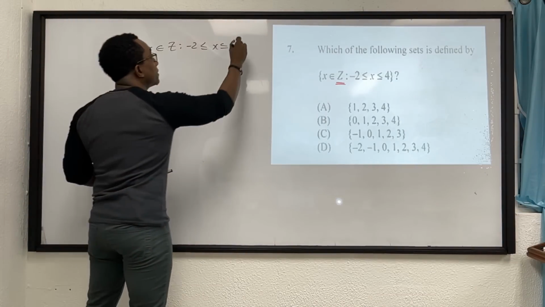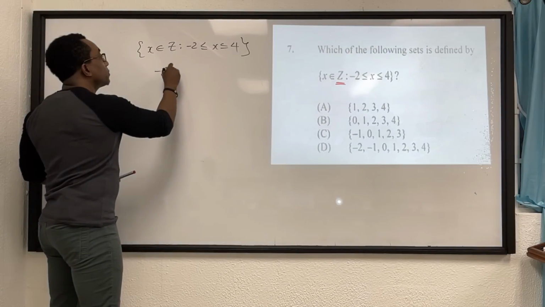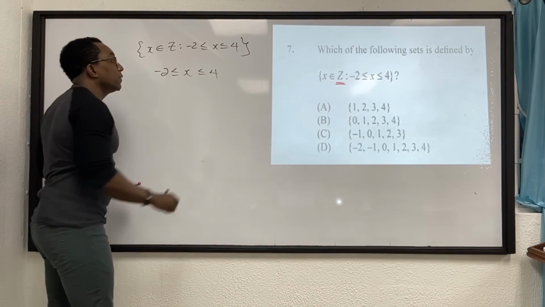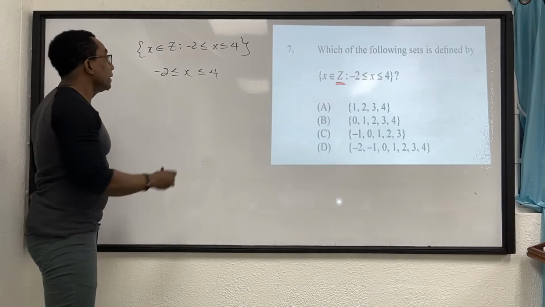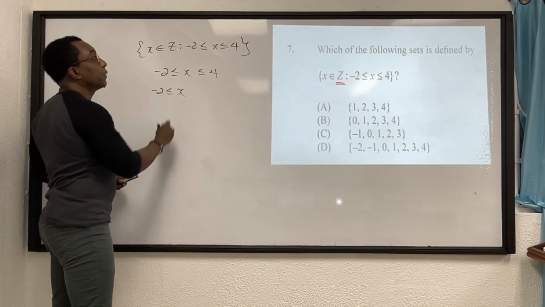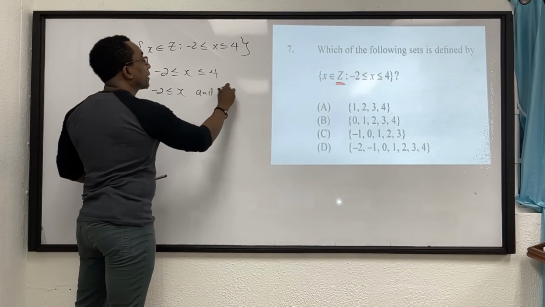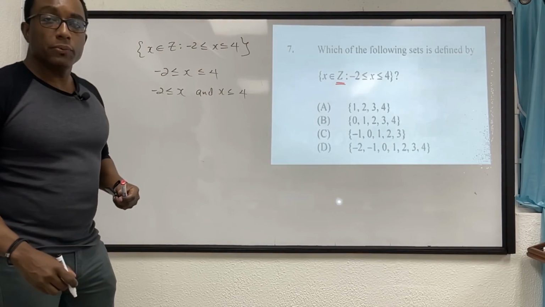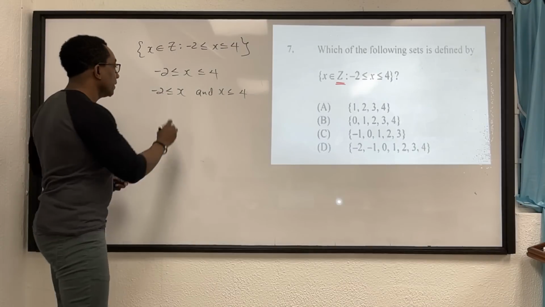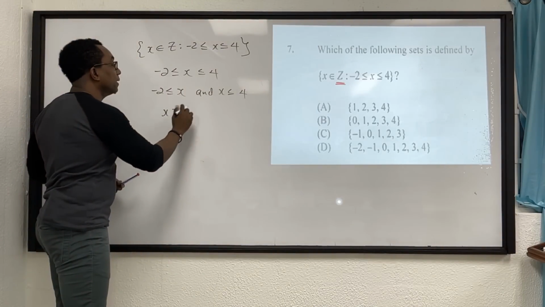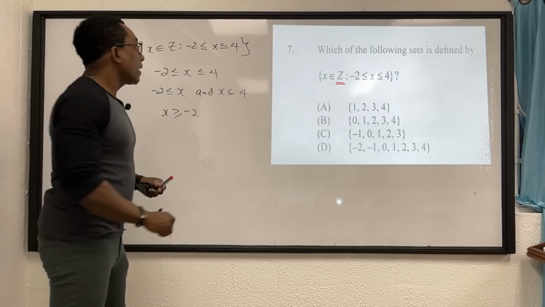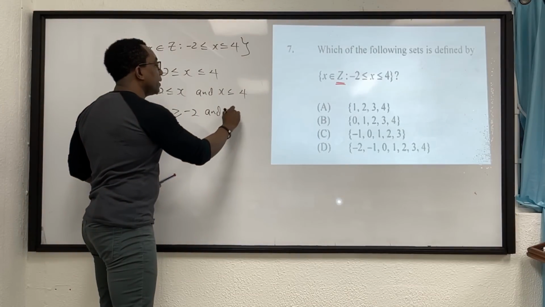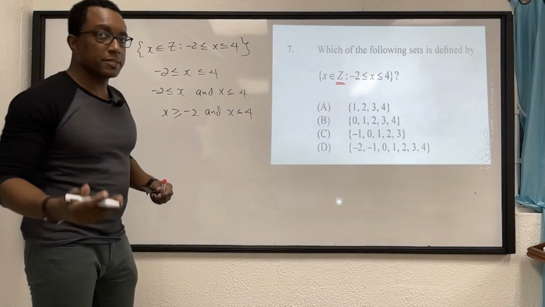then what are we going to do here? This is simply negative 2 less than or equal to x, which is less than or equal to 4, can be broken up into negative 2 is less than or equal to x, and x is less than or equal to 4. Now, negative 2 less than or equal to x can be rewritten as x is greater than or equal to negative 2, and x less than or equal to 4 stays as is.